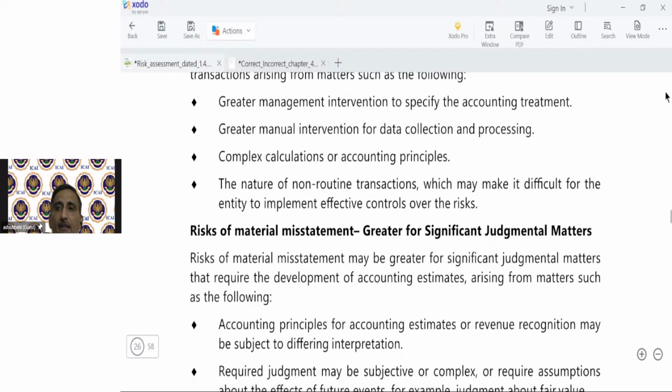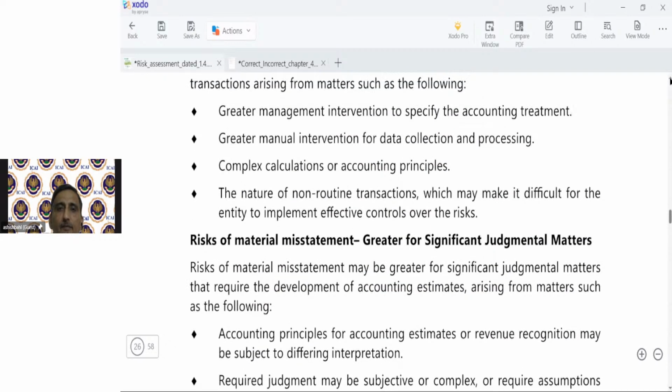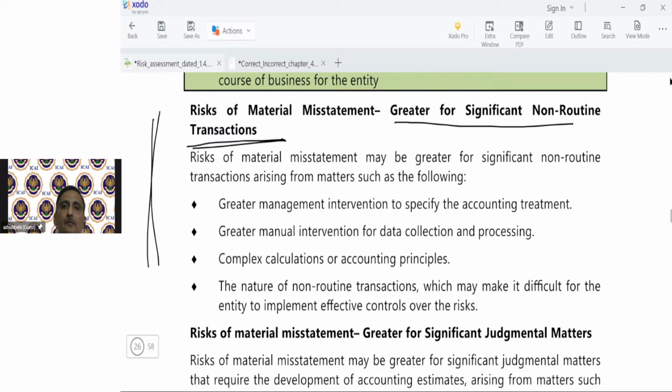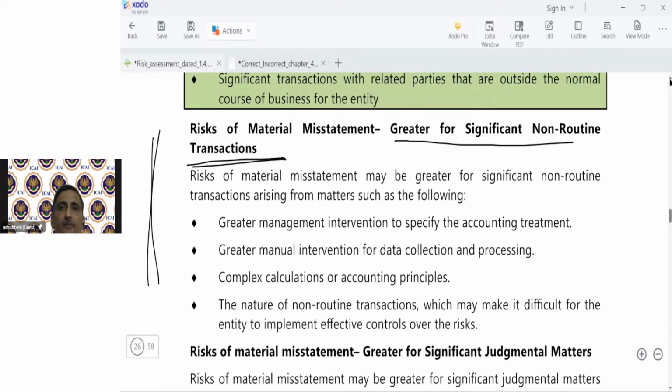And one more thing is, risk of material misstatement is greater for significant non-routine transactions. So what are non-routine transactions? Yes, students, anybody, what are non-routine transactions?